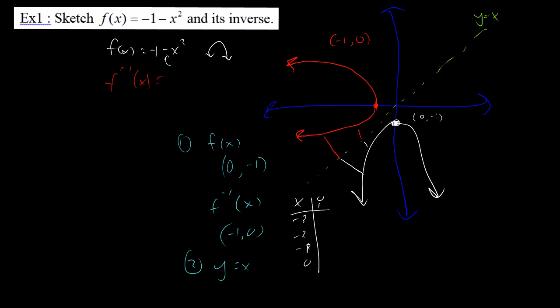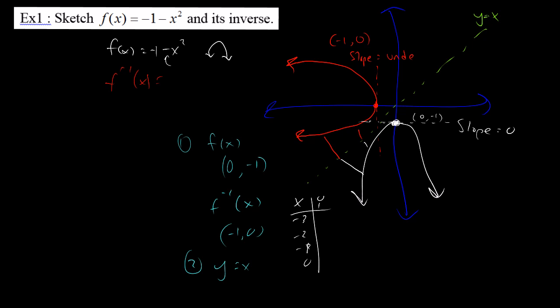Well, if we look at the slope at the dot, we have a slope of 0. Well, if we look at the dot on our red line, this is a slope of undefined.